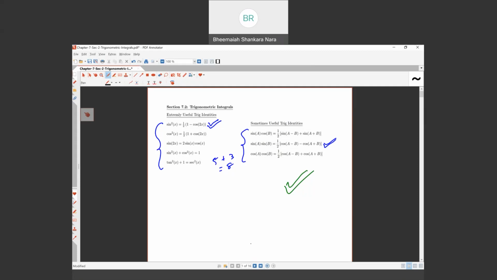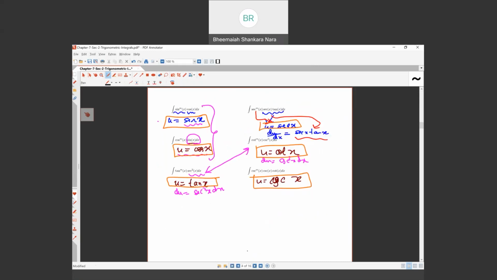But for the problems where we have exponents for these terms, suppose we have a sine to the 5 times cosine, say 2x, where 2x is the angle, we will not be able to use the identity in the rightmost column. The reason is we have an exponent. For these types, we have discussed the suitable substitutions on page 4. So now we end this lecture on section 7.2.